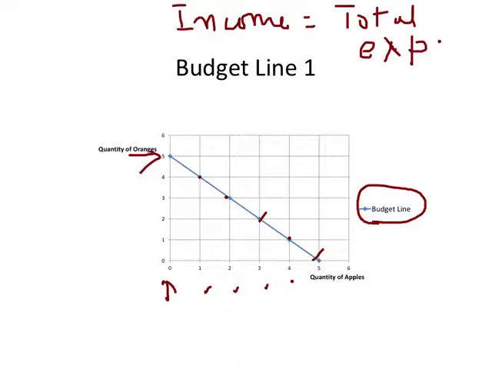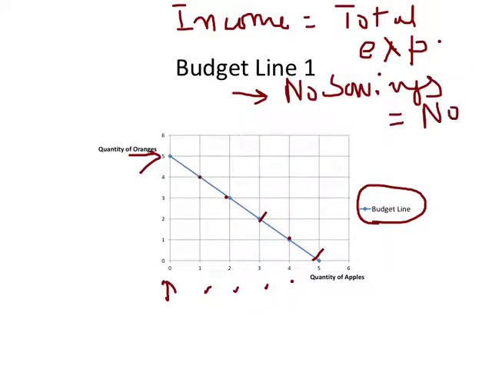Expenditure, I'll write EXP in short. So if a person is anywhere on this budget line, this person's income equals total expenditure, and that simply means no savings and no borrowing.